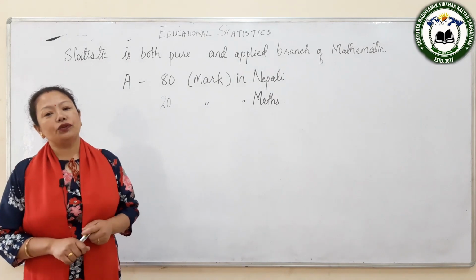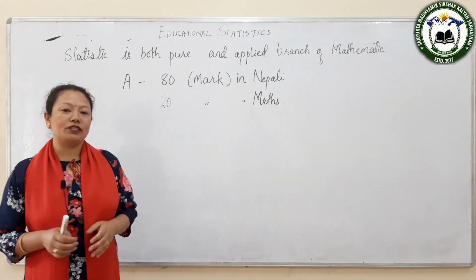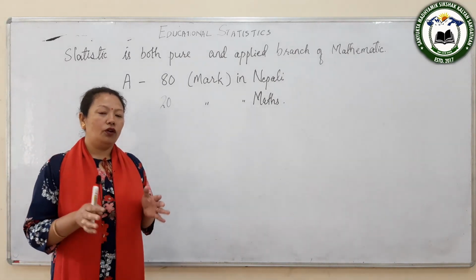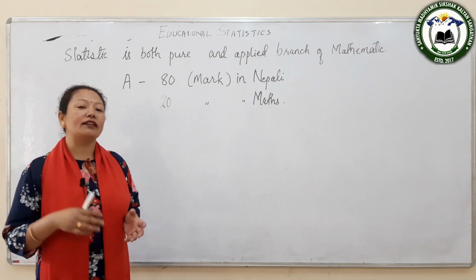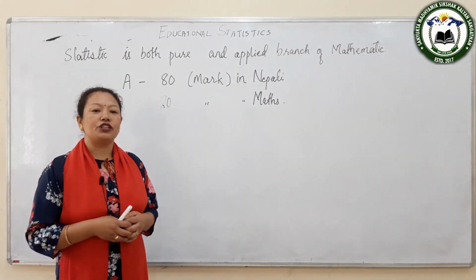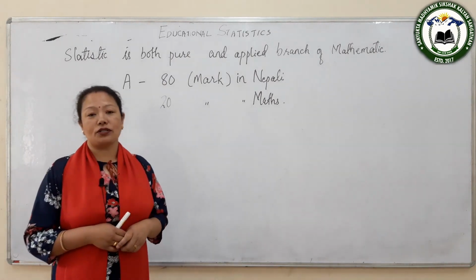Through individual development, education paves the way for social development, and both of these, individual development and social development, are interrelated. Without education, both individual and social development is impossible.